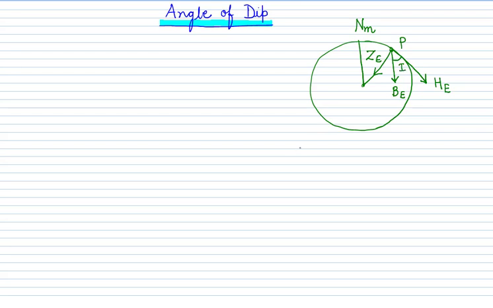So we can say that the angle between the total Earth magnetic field, which is given as BE, and the horizontal component of the Earth magnetic field is angle of dip.